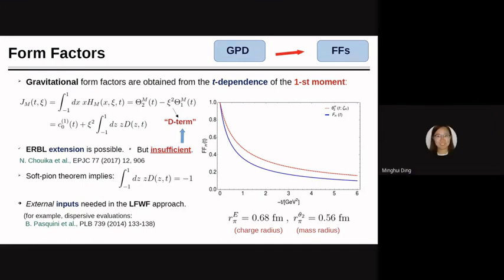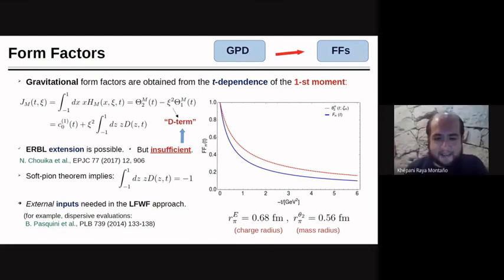More questions? Can I ask a question? Maybe I'm not very familiar with GPDs, but can lattice calculate pion GPD? Is there some lattice result for pion GPD? I have seen one result for the pion GPD. I believe it's the LPC collaboration, something like this.